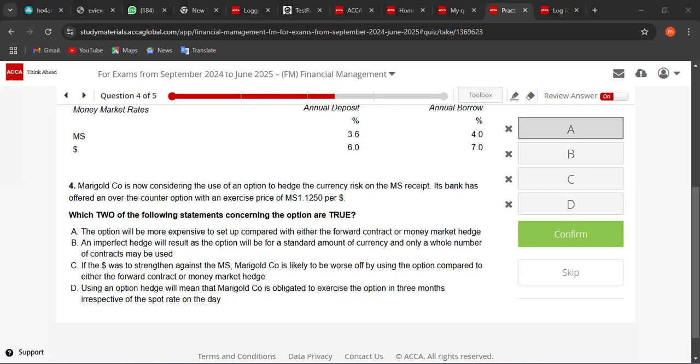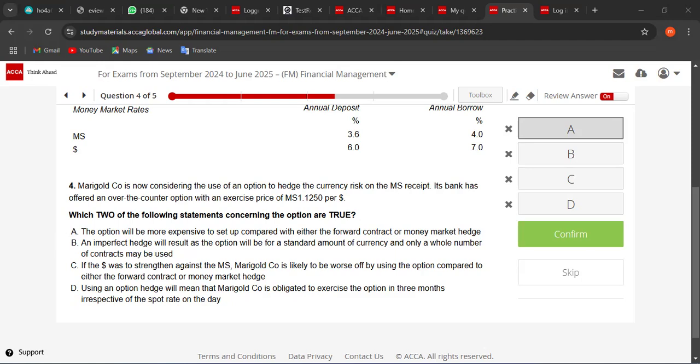Tell me, guys, what was the option here? That was 1.1250. So 1.1250 is giving you this receipt. And if you strengthen the dollar, then it is giving you 264310. So it means that this statement is true, that when the dollar is appreciating, see what is happening in this question.